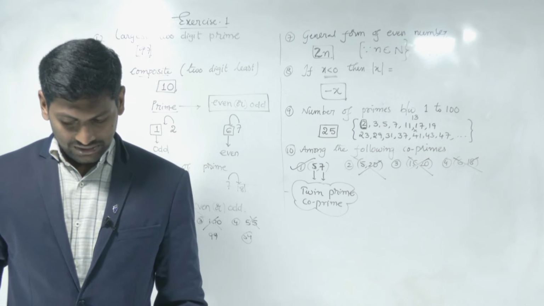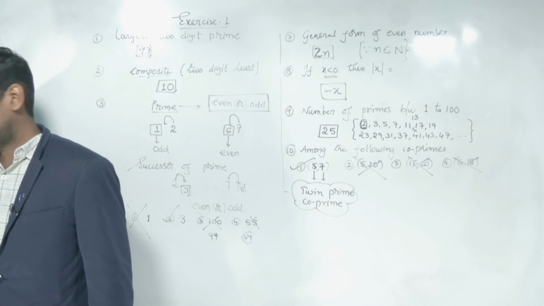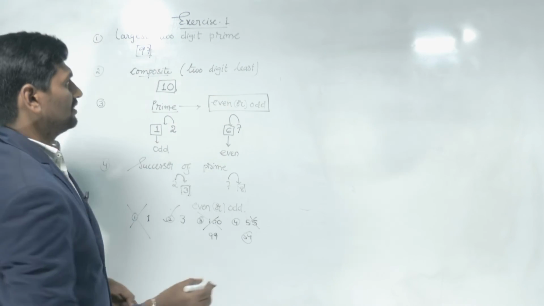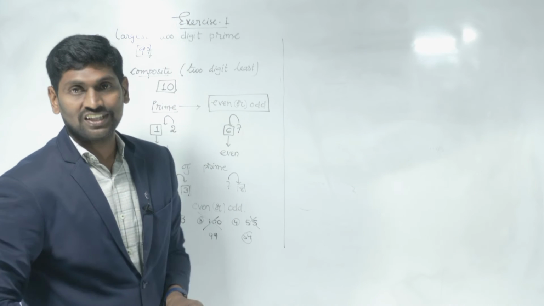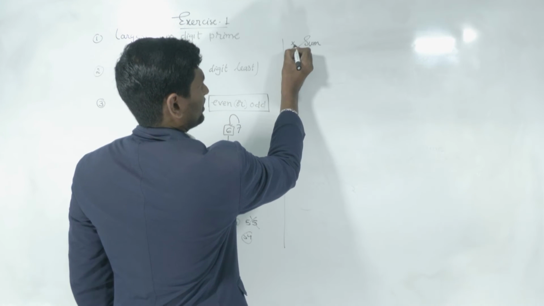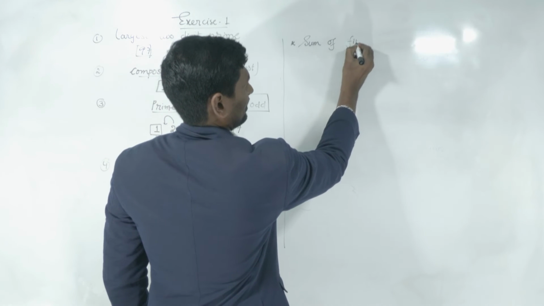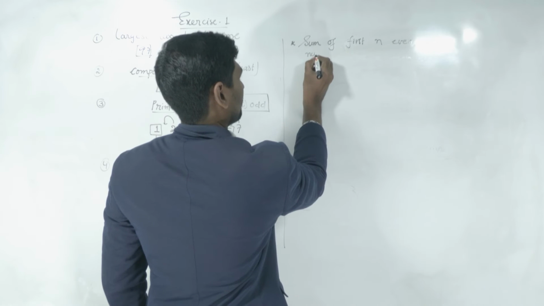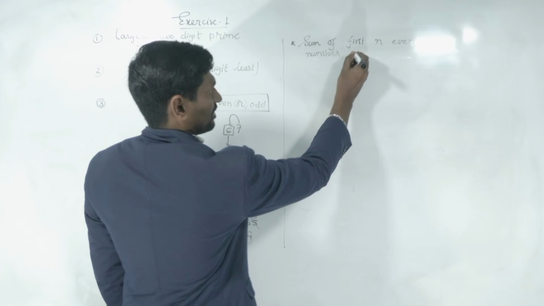Fifth question. Sum of first 10 odd numbers. We already discussed the sum of even numbers and the sum of odd numbers, right? I am writing it once again. Sum of first n even numbers: what is the formula? n into n plus 1.